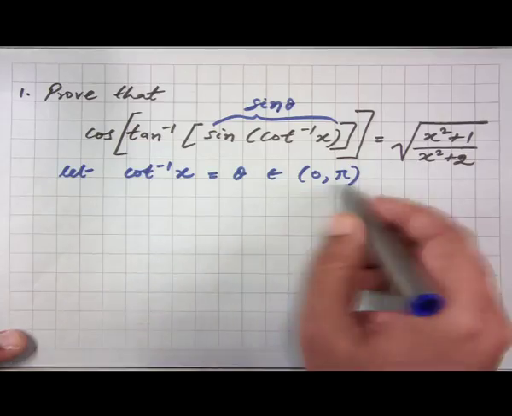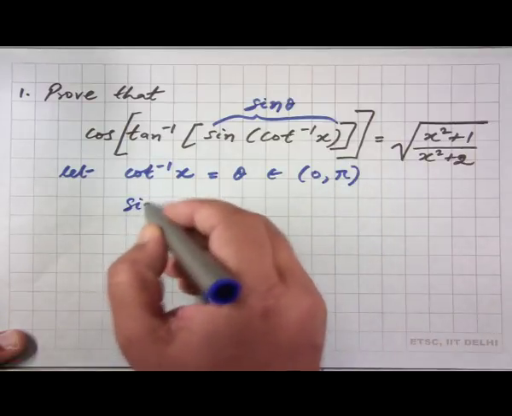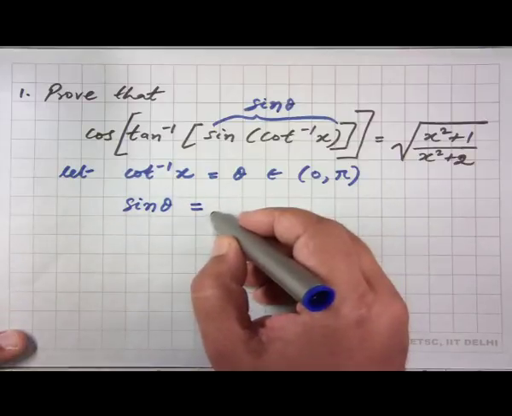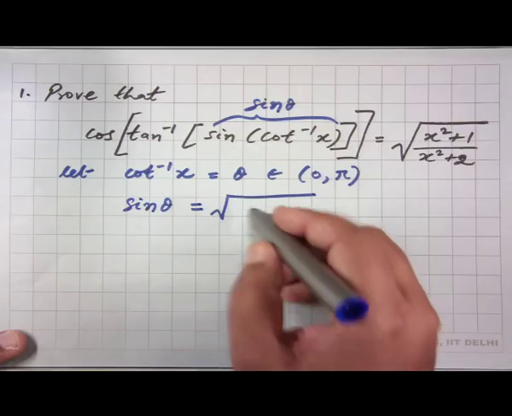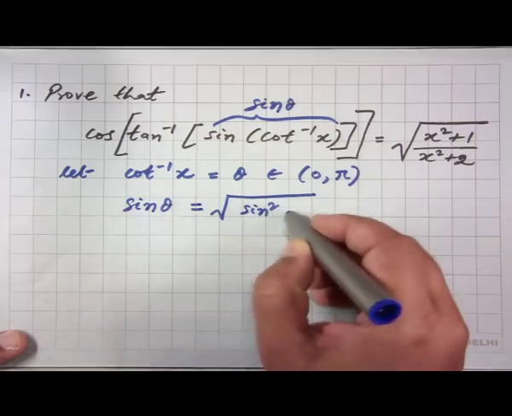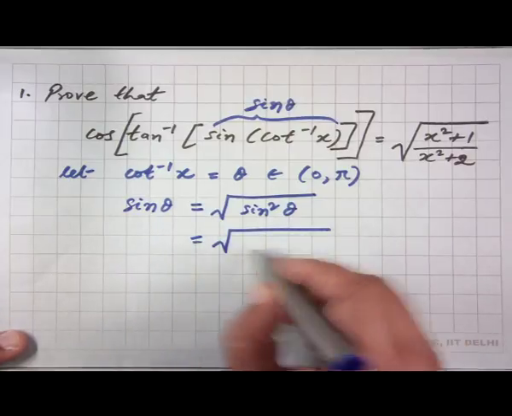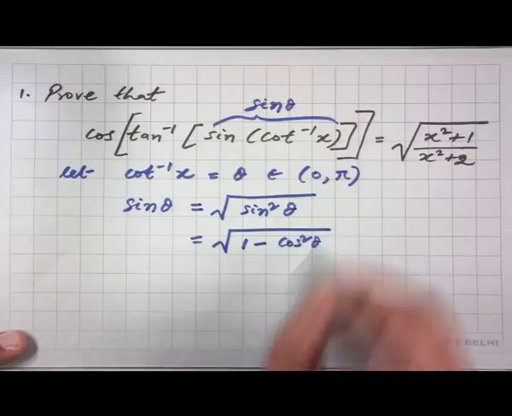So, because theta belongs to this, we know that sine theta is non-negative, and therefore, we can write sine theta as the positive square root of sine square theta, which is equal to the positive square root of 1 minus cos square theta.